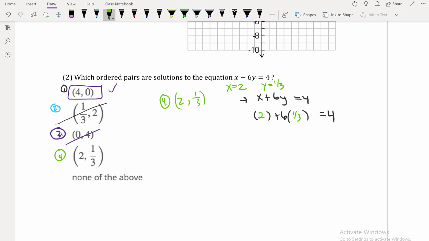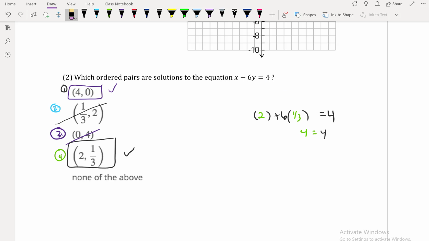So let's see, 2 plus 6 times the fraction of 1/3, that's going to equal to 4. So it also checks out. So the two solutions would be 4, 0 and 2, 1/3.